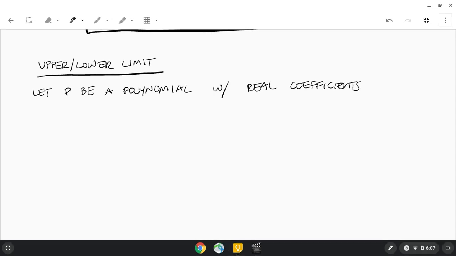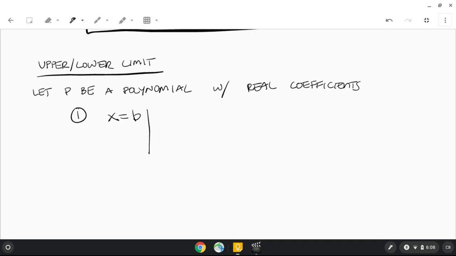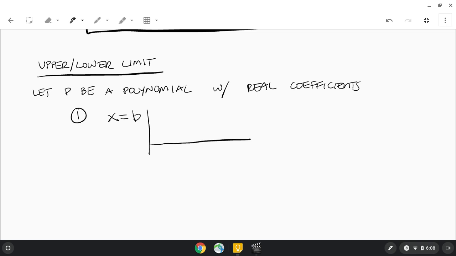So if you're testing out a number on your list, whatever that number is, X equals B. Okay, I'll just call it B. And you do your synthetic division, right? You have some numbers up above, you do your multiplication, you combine, and then you end up with some numbers here. I'll just call them A, B, C, D, right?